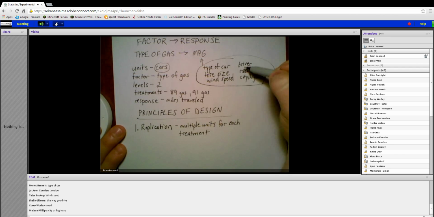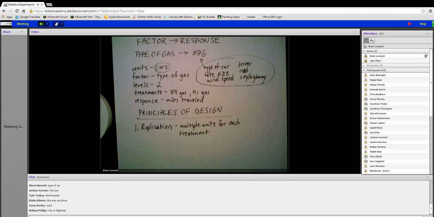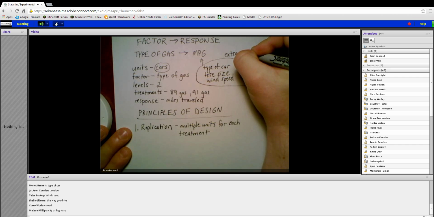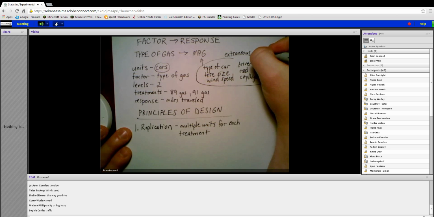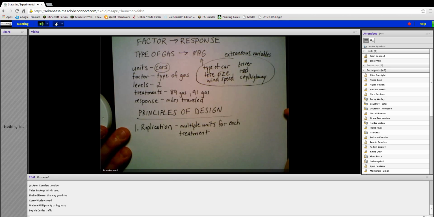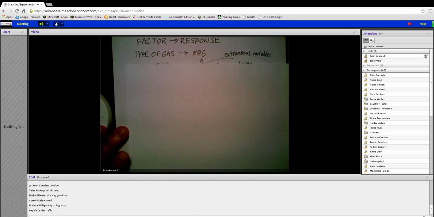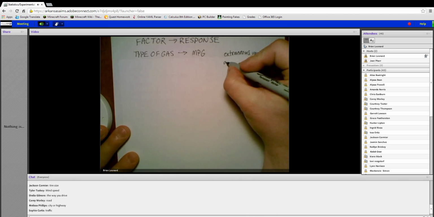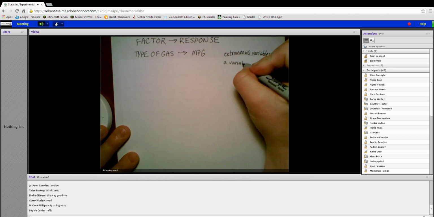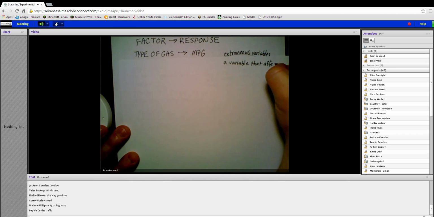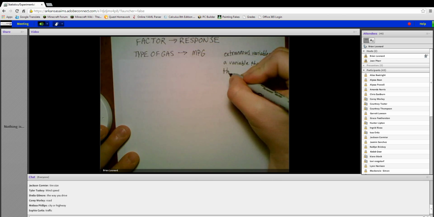These other variables that undoubtedly occur in an experiment are what we call extraneous variables. So what's an extraneous variable? If we define it real quick, an extraneous variable is a variable that affects the response.